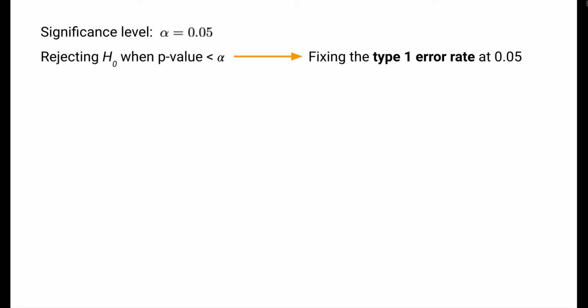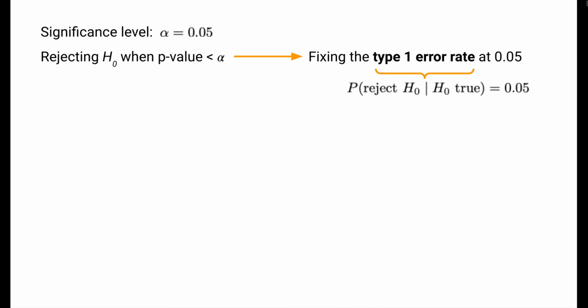When we use a significance threshold of 0.05, we are controlling the probability of making a type 1 error at 5%. That is, the probability of rejecting the null hypothesis incorrectly when the null is actually true is 5%. If the null is really true, we expect that only 5% of samples will give us data that lead us to incorrectly reject the null hypothesis.